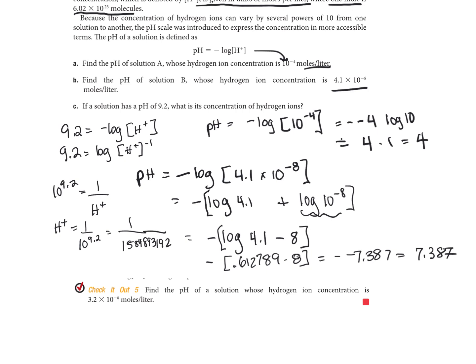And if I take the reciprocal of that, 1 over, I get H+ equals 6.31 times 10 to the -10. There we go.